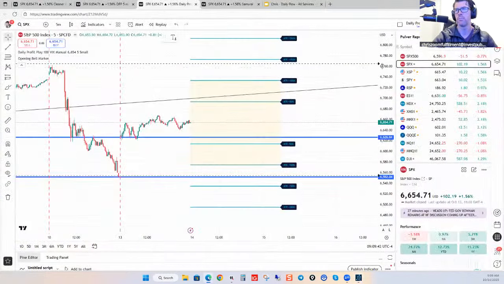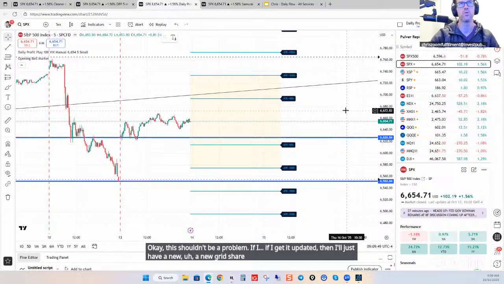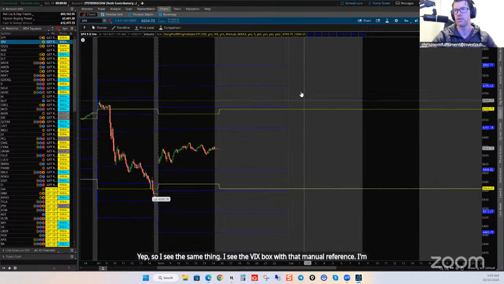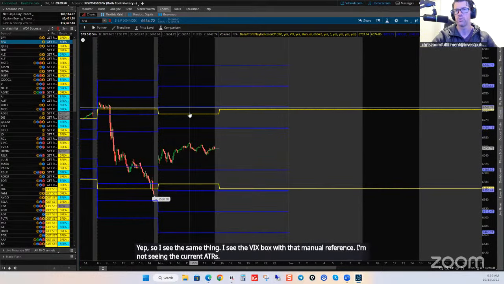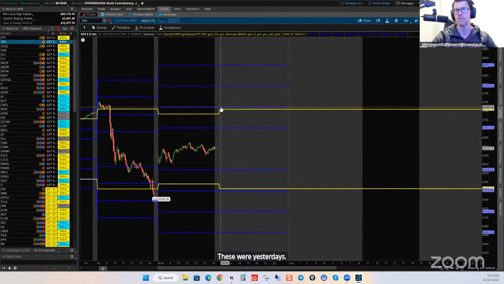Okay, that shouldn't be a problem. If I get it updated, then I'll just have a new grid share for Thinkorswim. Yep. So I see the same thing. I see the VIX box with that manual reference. I'm not seeing the current ATRs. These were yesterday's, at least for what I can tell.